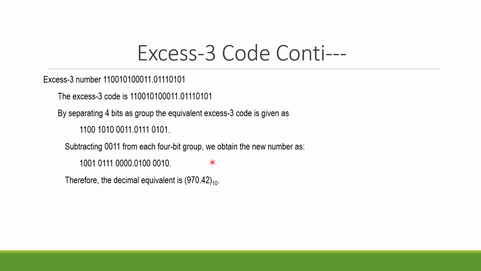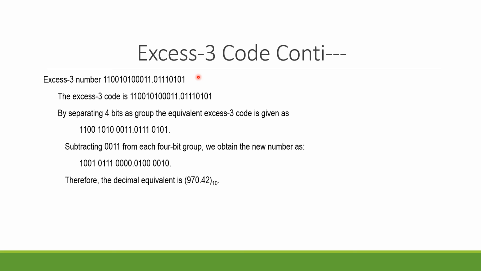From every 4-bit group we subtract 3, and then the binary number will be 1001 0111 0000.0100 and 0010. This number is then converted into the decimal number. So this number is nothing but 9, this is 7, and this is 0.42. So the equivalent decimal for the given XS3 number is 970.42.